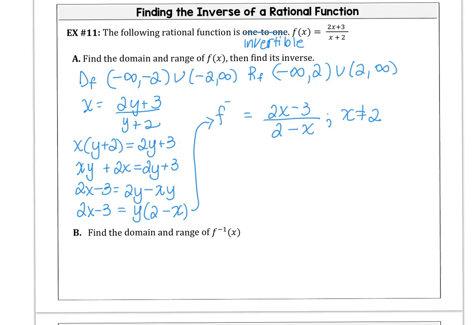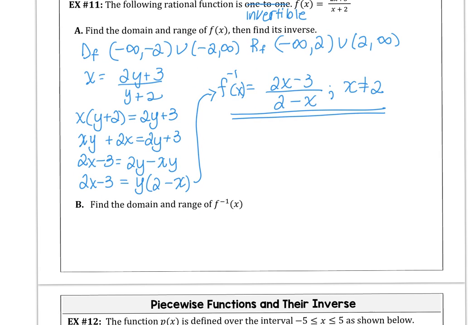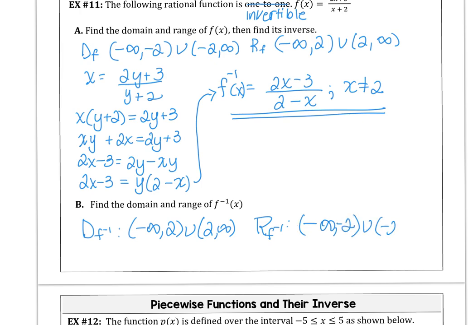So f inverse of x is going to be this expression, and the domain of the inverse is the range of the function, and the range of the inverse is the domain of the function. And you might want to graph those on a calculator to verify that information.